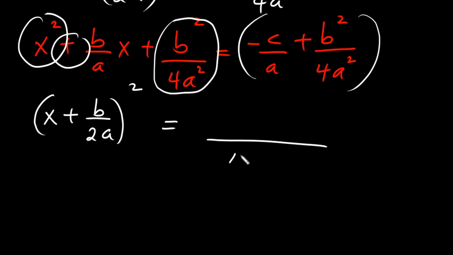So we can have the LCM as 4a squared, then 4a squared divided by a is 4a, times negative c, so it's going to be minus 4ac, and then plus b squared, since the 4a squared cancels out.